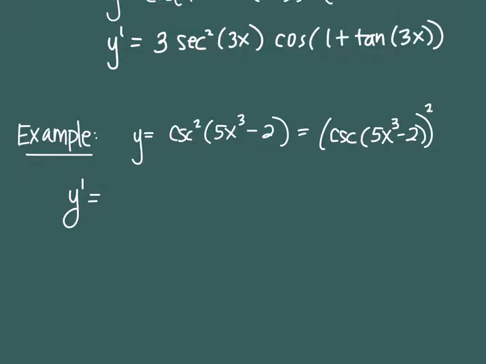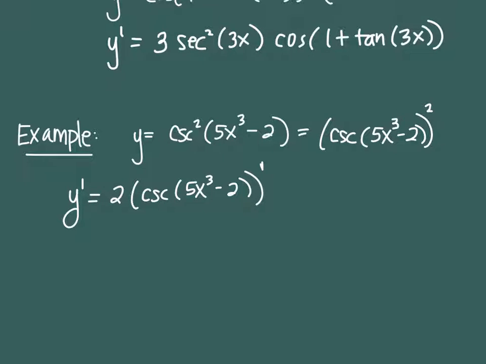And so y prime would equal, and then we'd have to deal with the square first. Okay, Trong, you want to try that one? All right, do the outside first. So 2, and then we're going to leave the inside totally alone. So cosecant of 5x cubed minus 2, that whole thing is now to the first power. So all we've done is deal with the square.